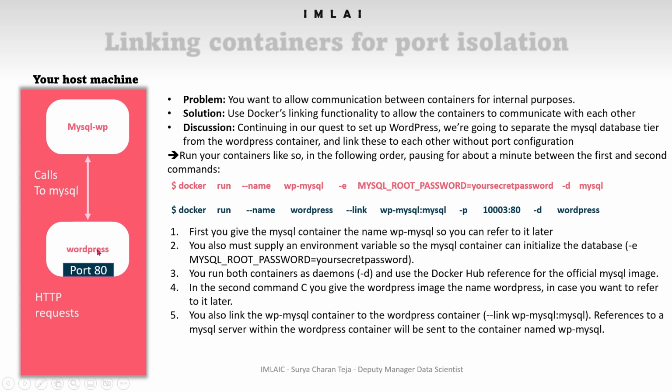And through HTTP request, port number 10003 is the one which we have mapped this container with. So when I give the public IP of this host machine with the port ID, that means I am calling this host machine with the specific port.